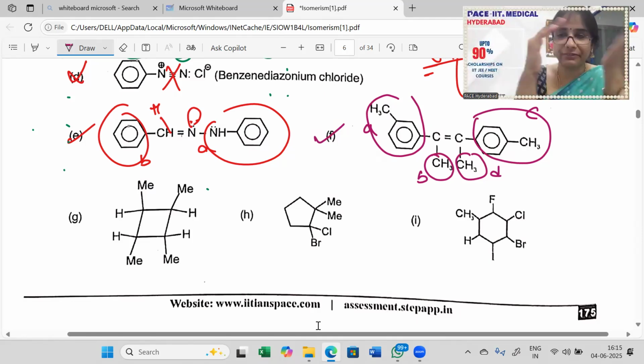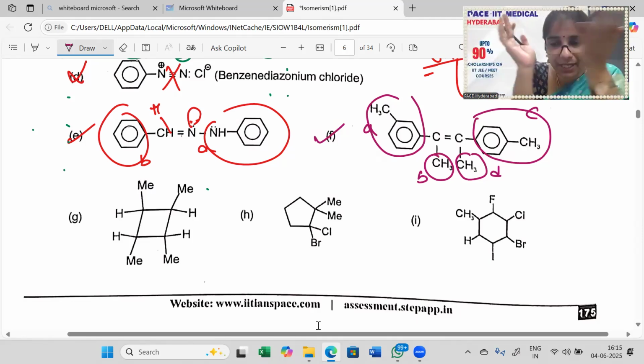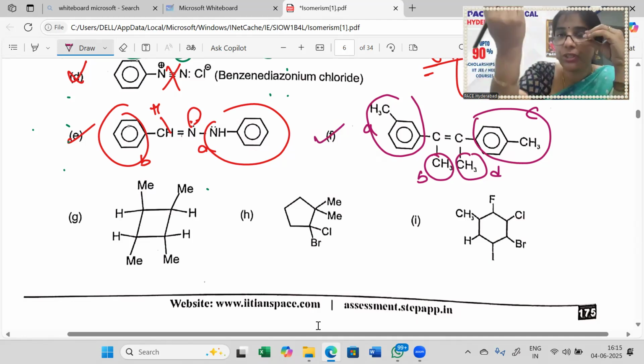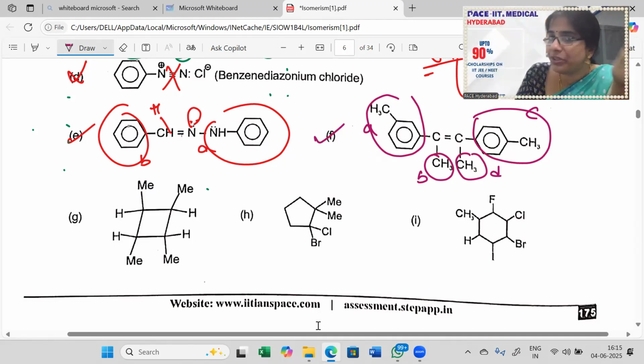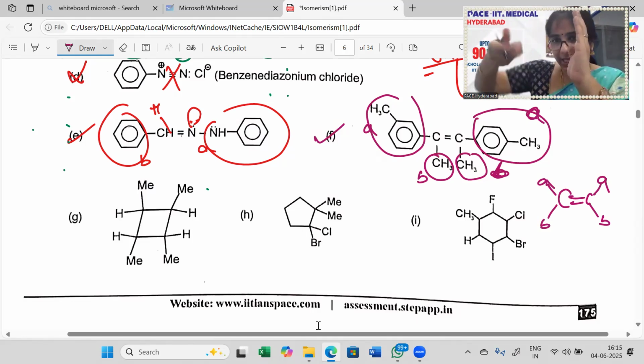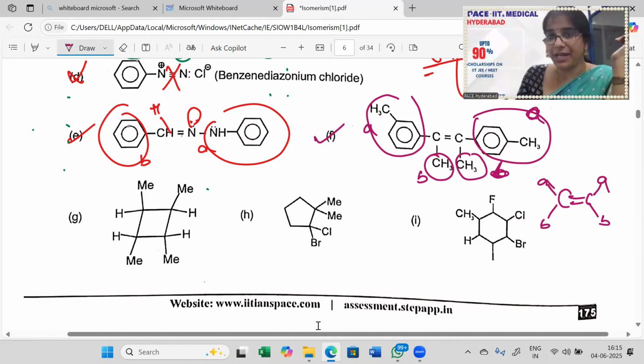It's not that the left side and right side are different or same, that doesn't matter at all. On the double bonded carbon, you should have two different sides. Yes, C and D are two different sides only. Although I would say this as A and B only. Chalo, let's just call them A and B. See, double bonded carbon, you have A here, B here, A here, B here. Yes, it is also a geometrical isomer. You can fix the left side AB, and twist the right side AB. Then you have trans isomers there. So yes, it will be showing.